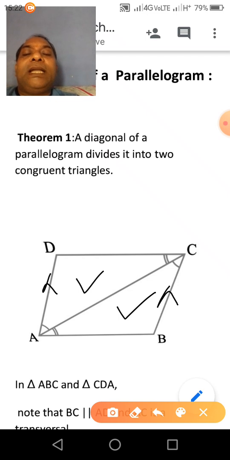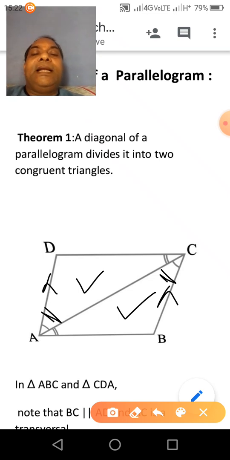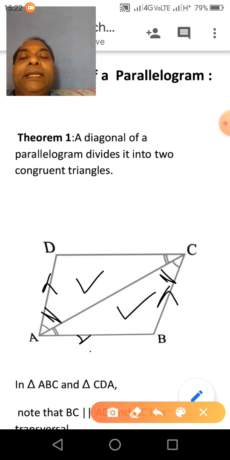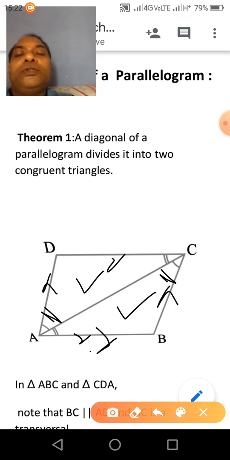Because AD is parallel to BC, this angle will be equal to this one, alternate interior angles. And also because AD and BC are parallel, AC will be a transversal. Similarly in case of CD and AB, AC will also be a transversal, so this angle will be equal to this one.